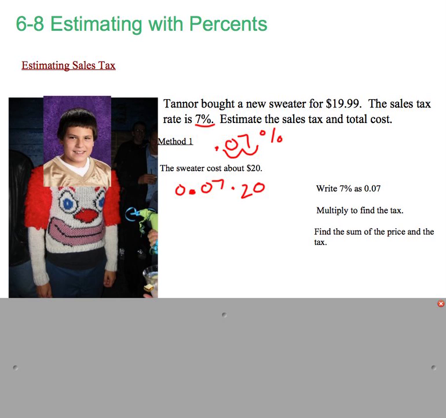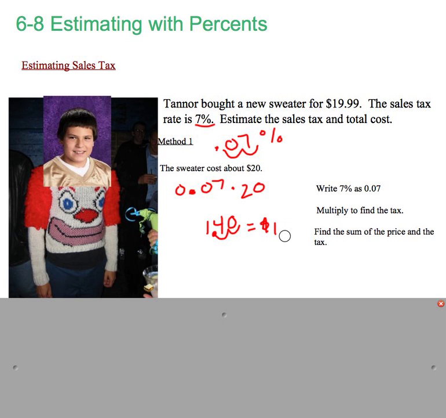If you need your calculator, get your calculator out, but we know that 7 times 2 is 14, and since 20 has a 0, we put a 0 after it, and since we had 2 decimal places in the problem, we need 2 decimal places in our answer, which means that our tax is going to be about, oh my goodness, I'm going to grab the eraser on that one.